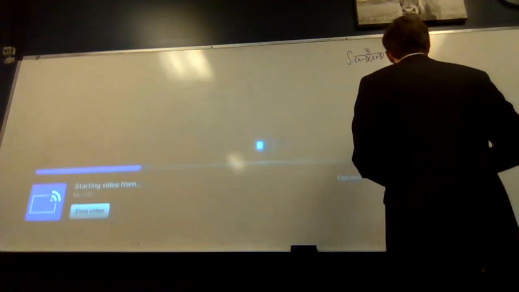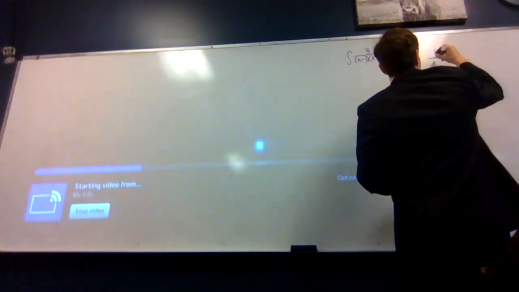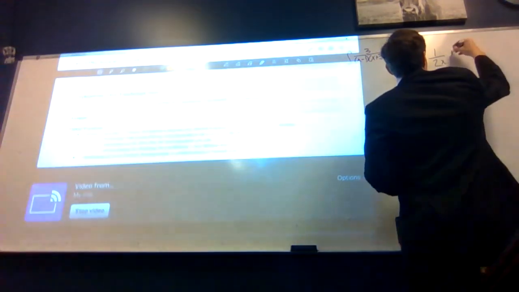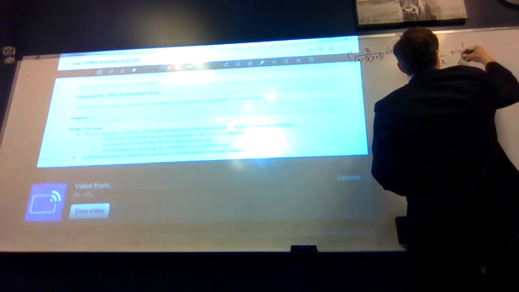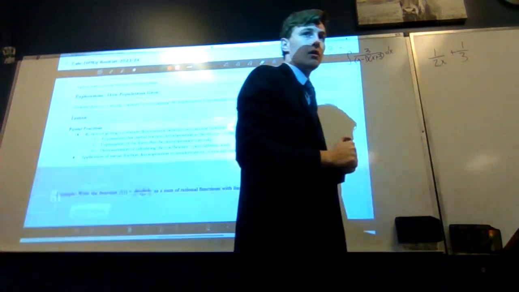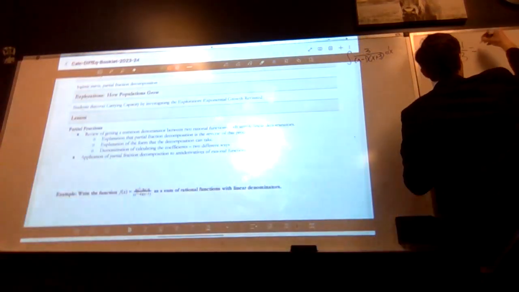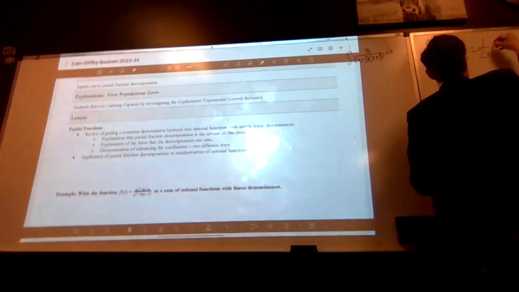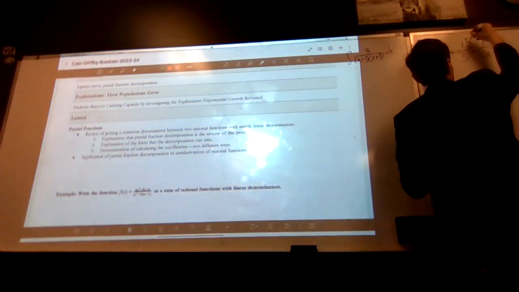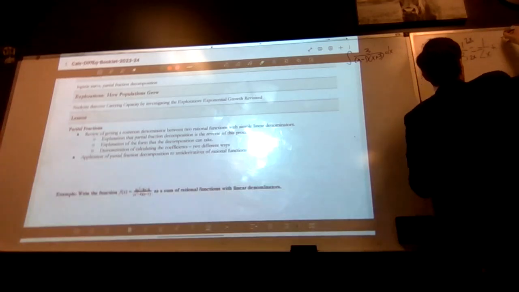As we all know, 1 over 2x plus 1 over 3, can you add these two together? No, but what can you give them? The same denominator. We would get 1 over 2x plus, what do I multiply both of these by? 2x and 2x. I would get 2x over 6x.